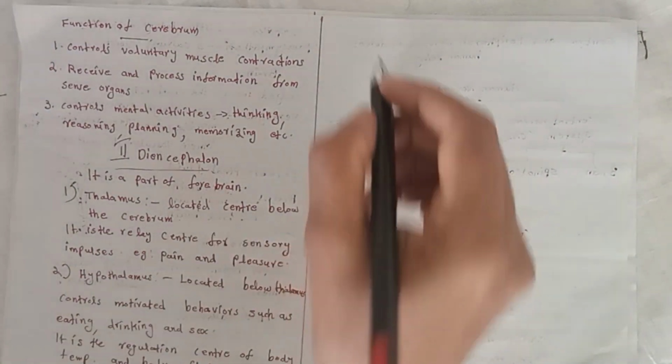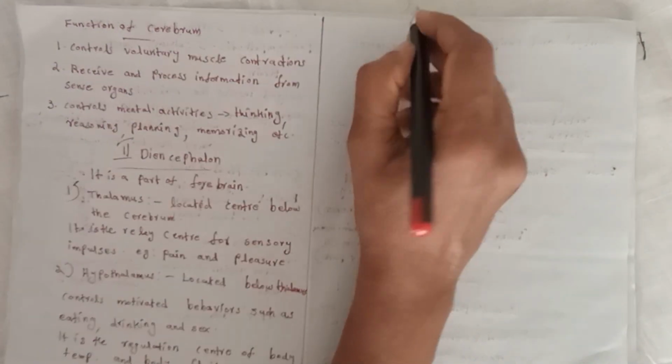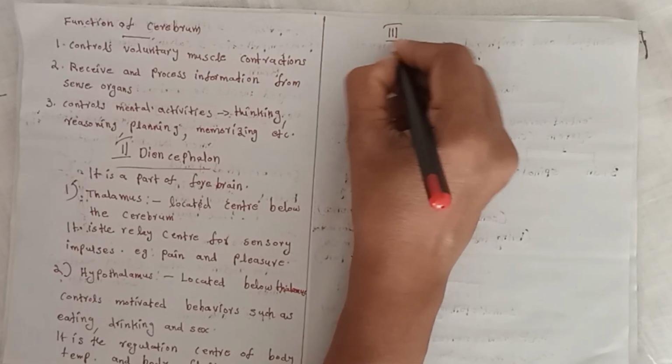The next part of the brain is the cerebellum.